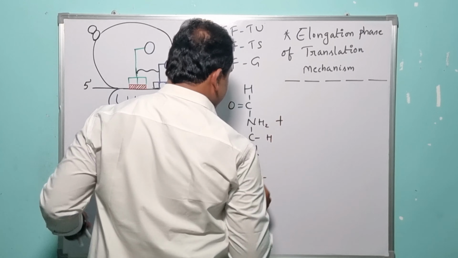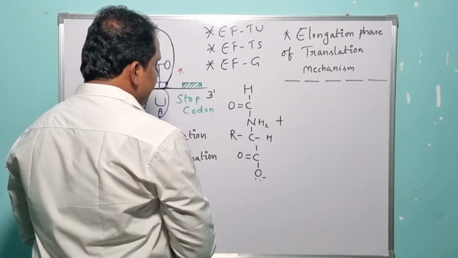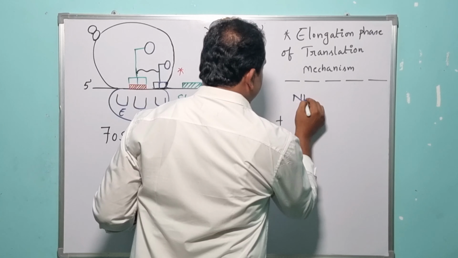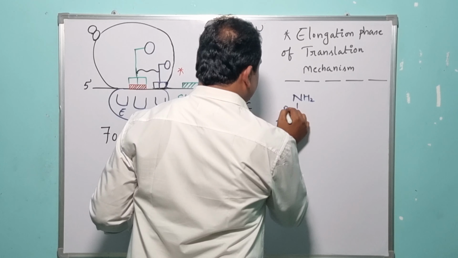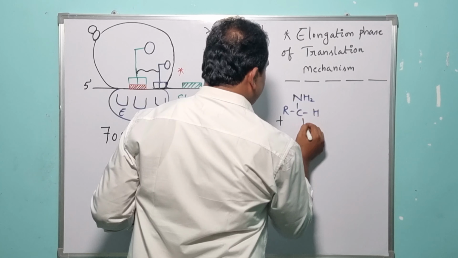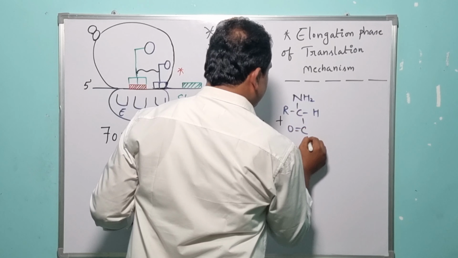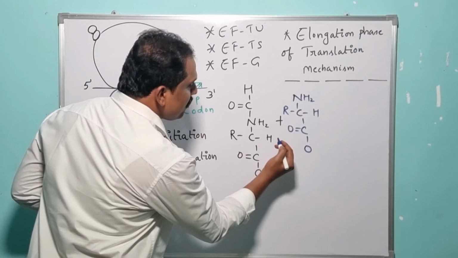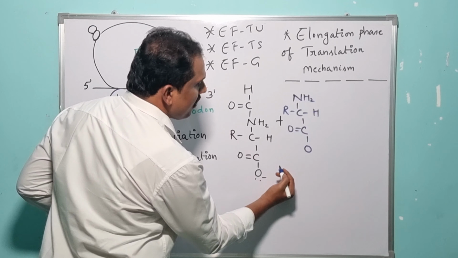And here it is the amino acid tRNA's encoding amino acid. Now here, between these two amino acids, the peptide bond formation takes place.